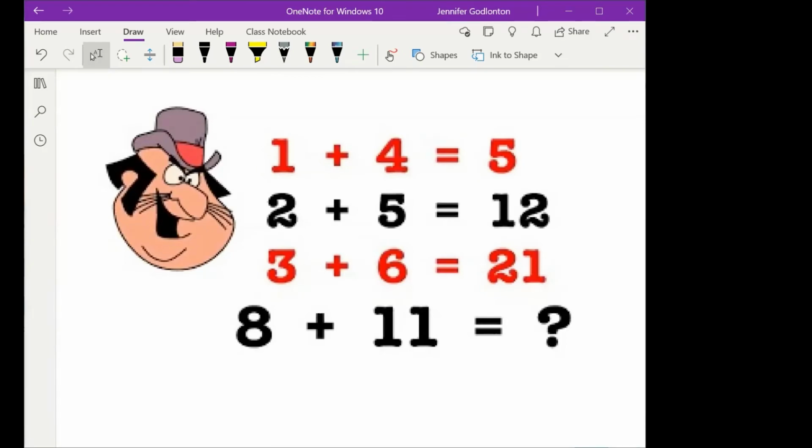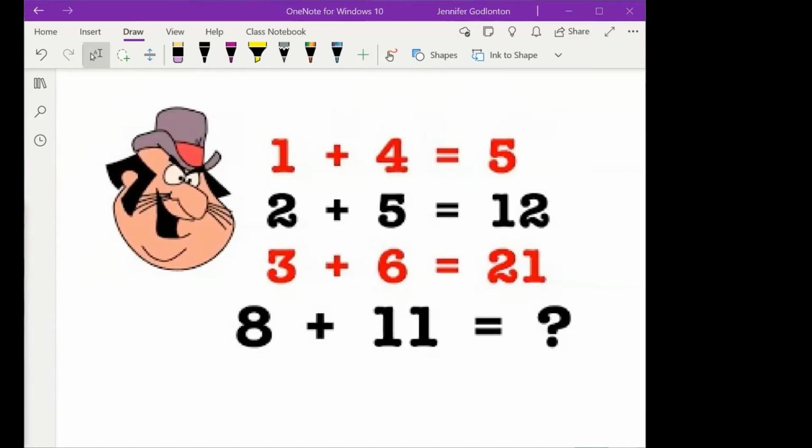It is not 88. It's not 23. It's not 38. It's not 29. It's not 21. Not 31. Oh, Josh just got it.